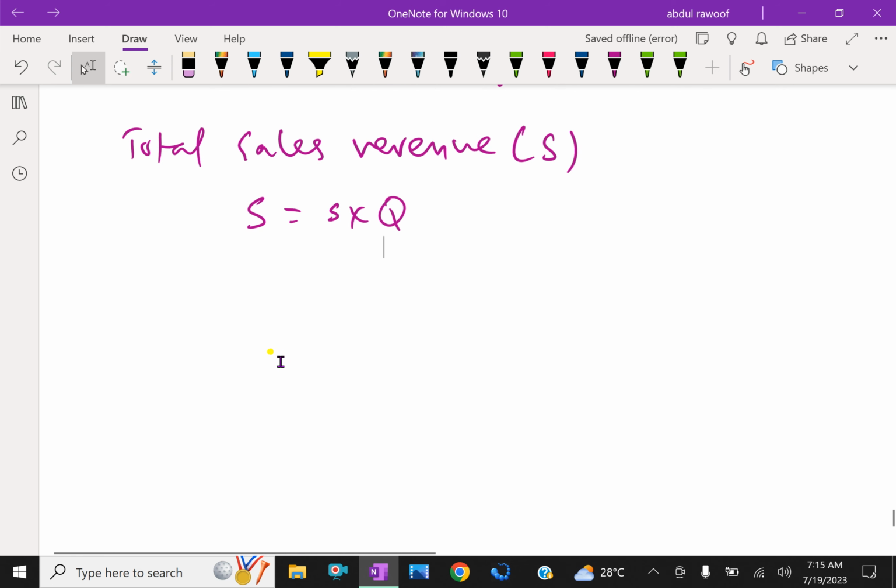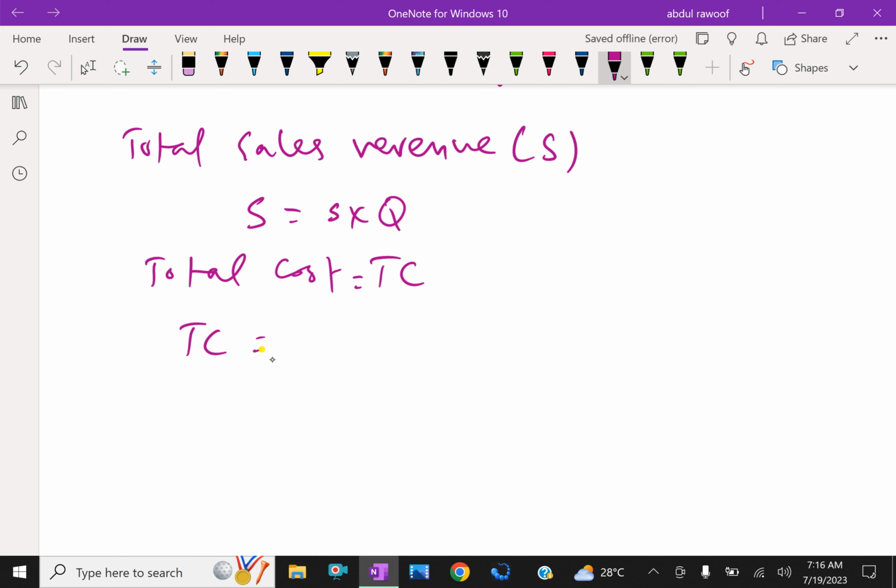The total cost of the firm for a given production volume is given as TC, equal to total variable cost, that is V into Q, plus fixed cost.